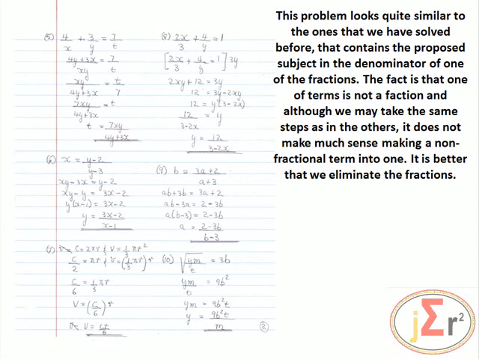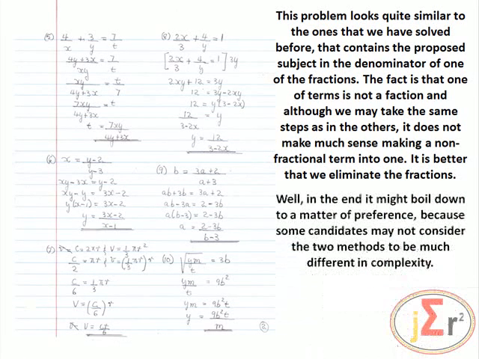Instead, we will eliminate all of the fractions, and that we will do by multiplying by the common denominator, which is an expression that each denominator can divide into without leaving a remainder, and the common denominator in that particular case is 3y.